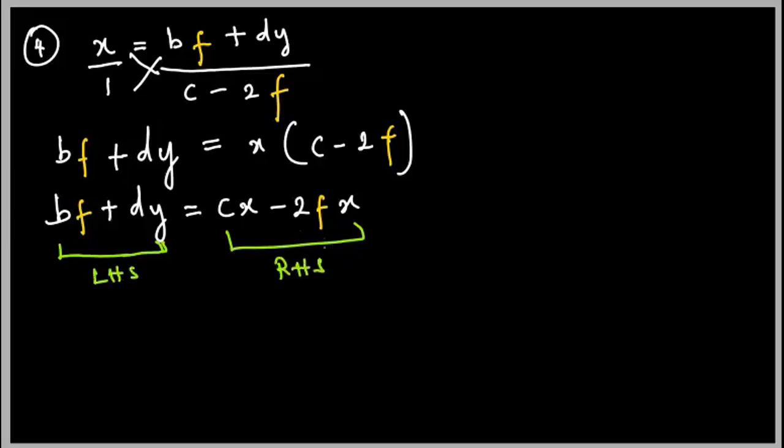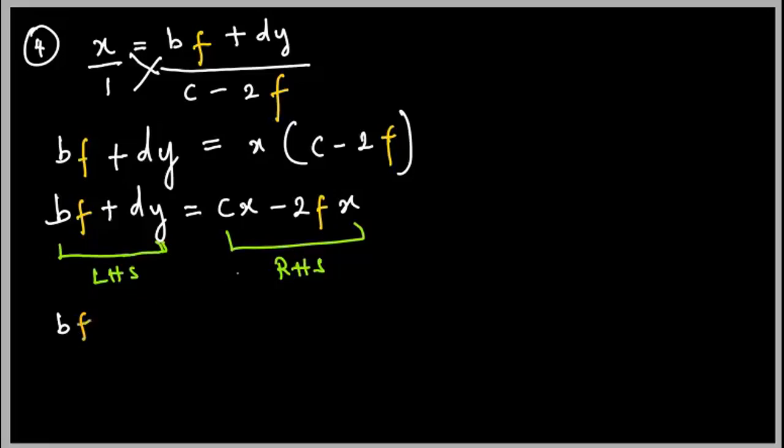So take the f term from the right to the left. It becomes positive because it is negative here already, minus 2fx. So I'll still have df left here. I want to bring all the f terms together. I have df.